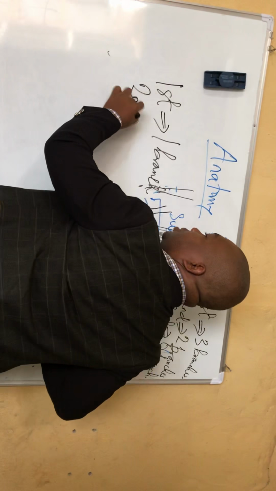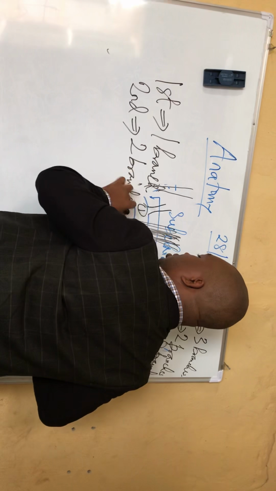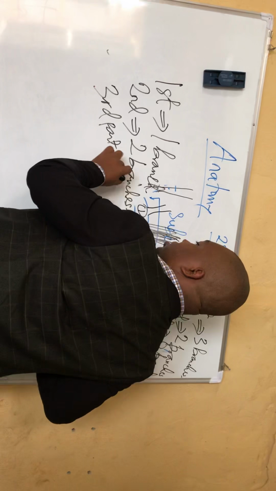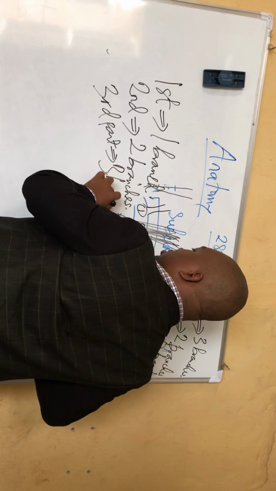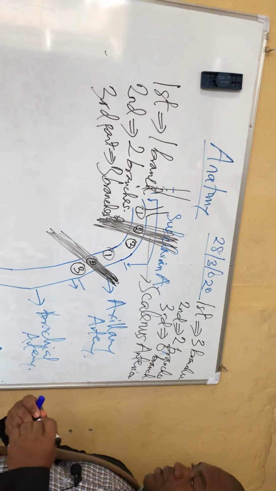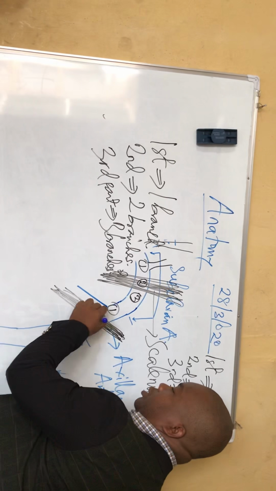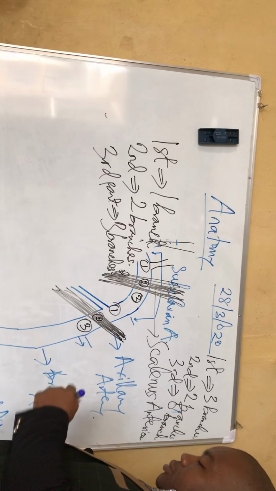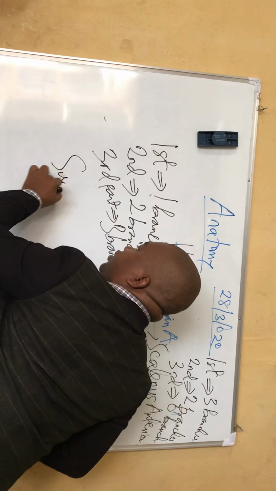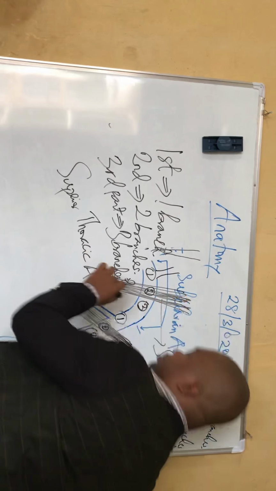The second part has 2 branches, while the 3rd part has 3 branches. So for the first part, the branch we call the superior thoracic artery.